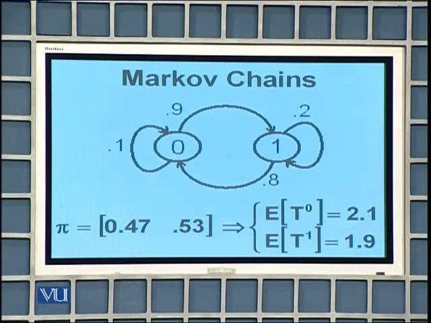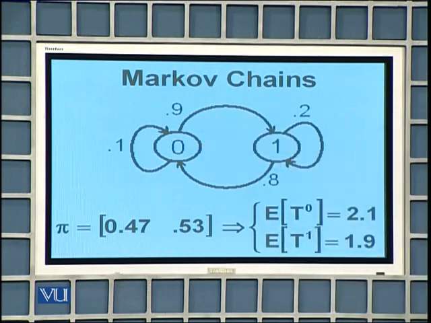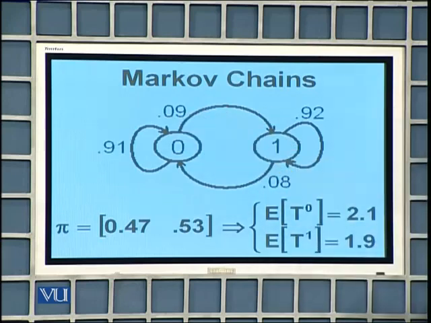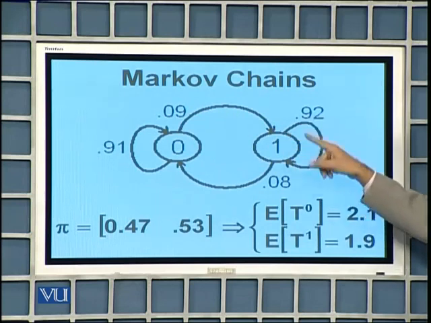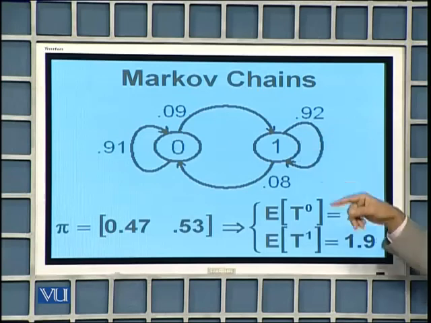Let's change these numbers. Let's make Q and P much smaller by a factor of 10. So if Q is now 0.09 and P is 0.08, then there is a high probability that you will stay here. With 92% probability, you will stay in state 1 sample after sample.